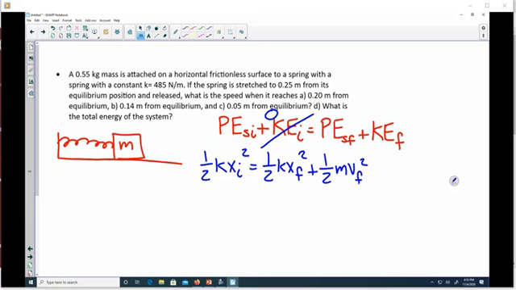And so here we know the spring constant, we know the initial and final x position, and we know the mass of the block.